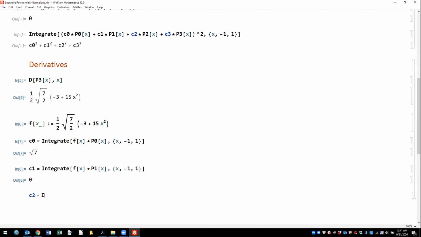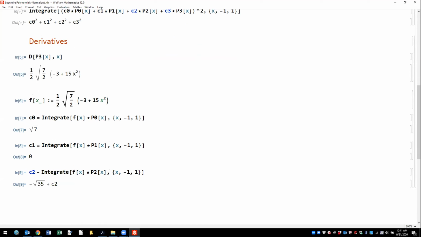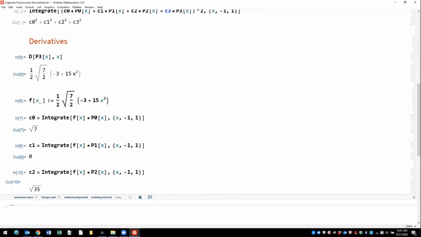And C2 is the integral of f of x, oops, C2 equals that.